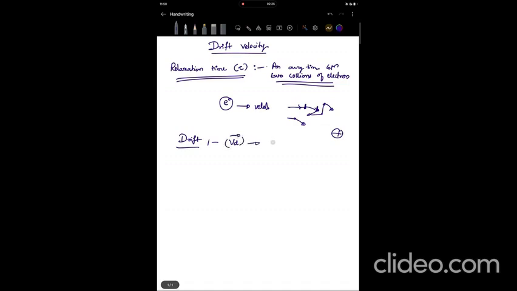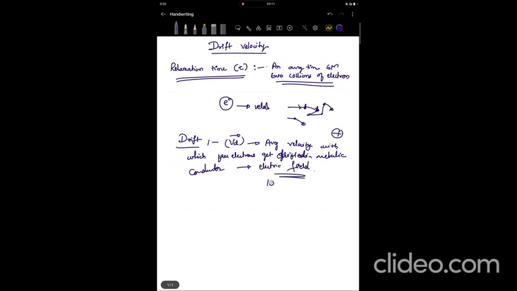That is, the average velocity with which free electrons get drifted, meaning moved, in a metallic conductor under the influence of electric field is called drift velocity.